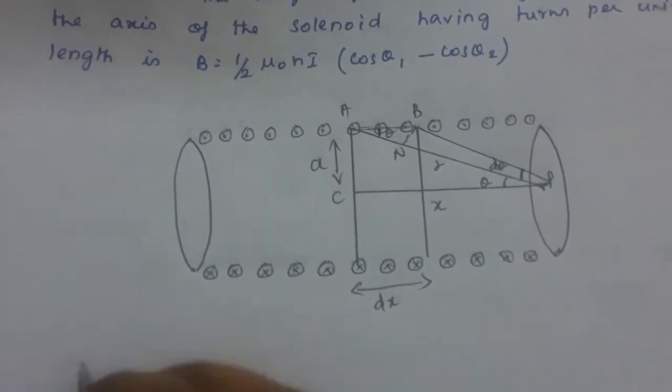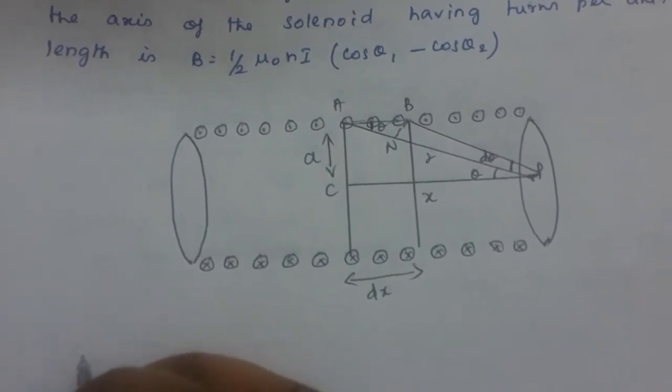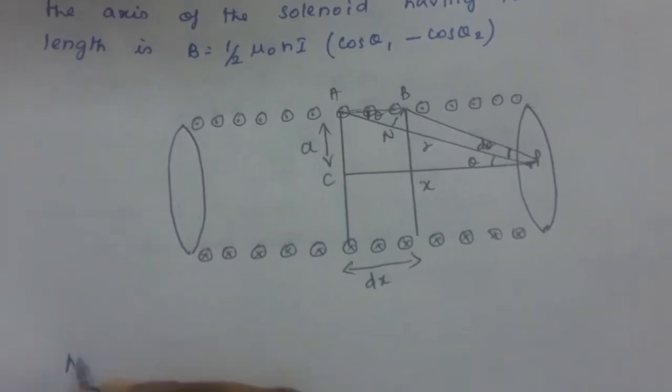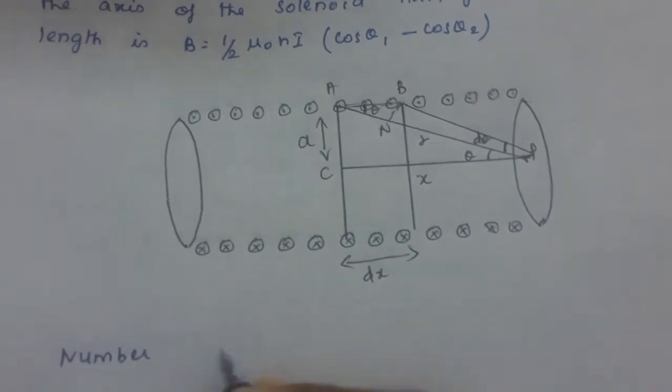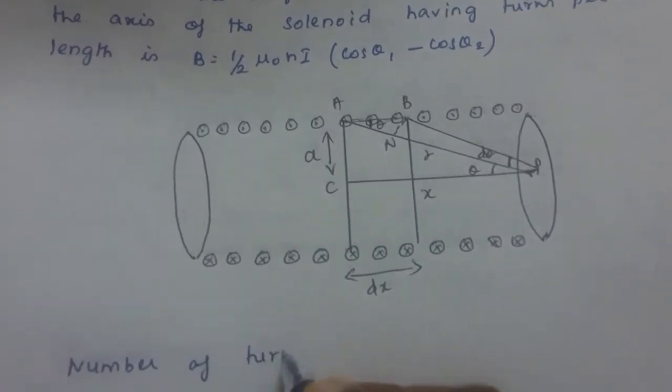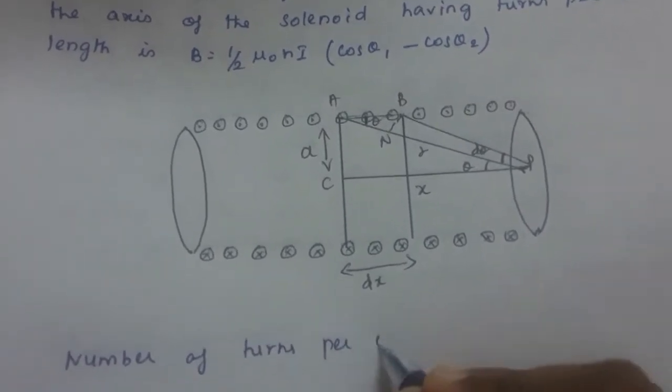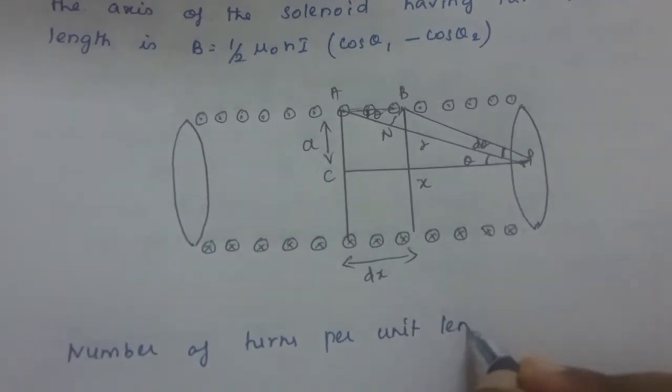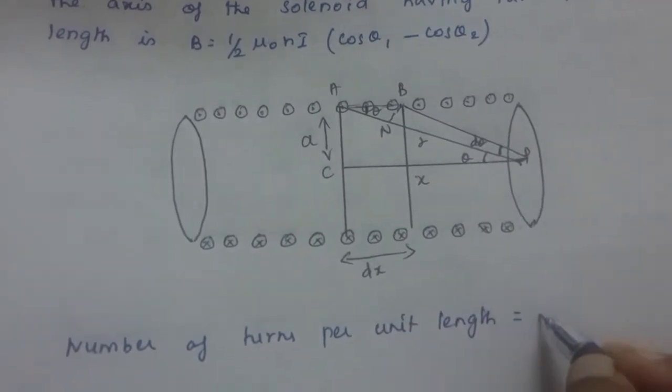Now we are going to take the number of turns per unit length is equal to n.